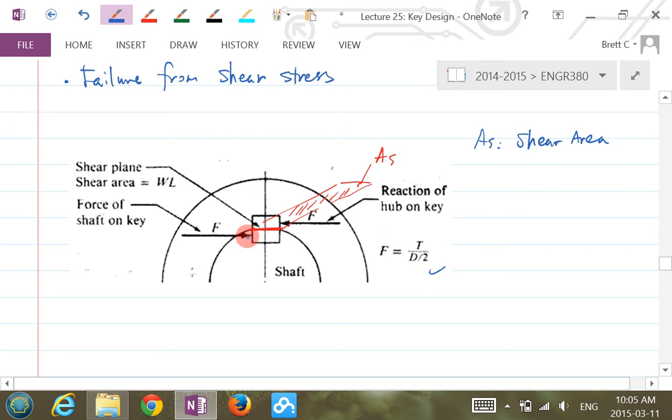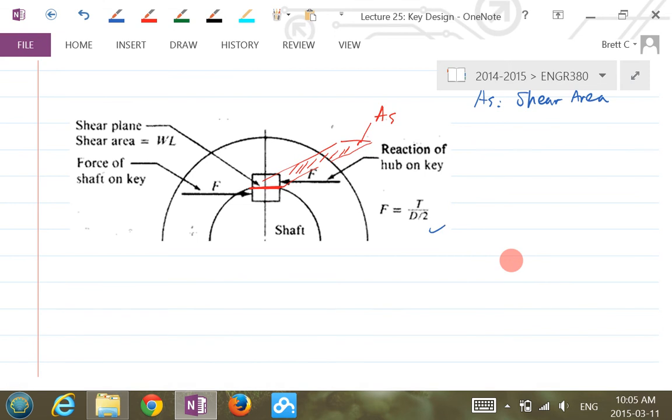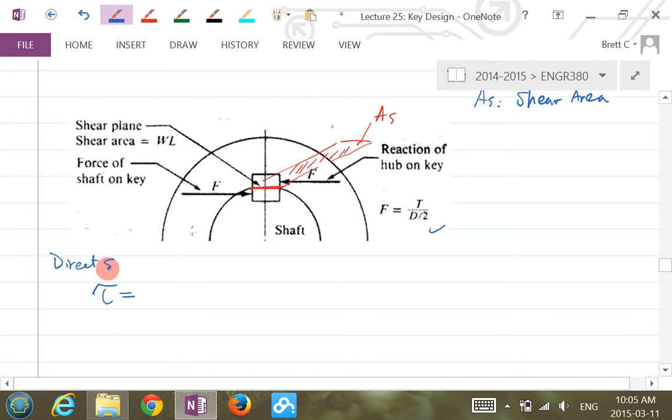You have a force here, so the key pushes the hub, depending on the direction. So you have an action-reaction force on the key. What will be the shear stress on this red area, the shear area? We call that direct shear. Direct shear here is F over AS, the shear area, and F is T over d over 2.